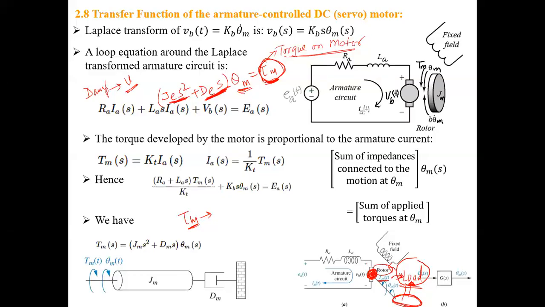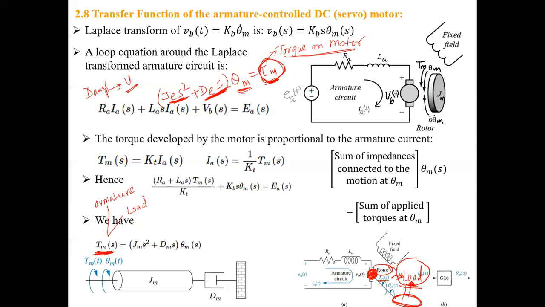Good. Yeah, so Tm, now this is your Tm. Now Tm is this, right? So what I'm trying to say is this Tm has two parts. One part due to armature, and the other one is load part. Even though I call it Tm, when I say Tm is motor, there is load there all the time.